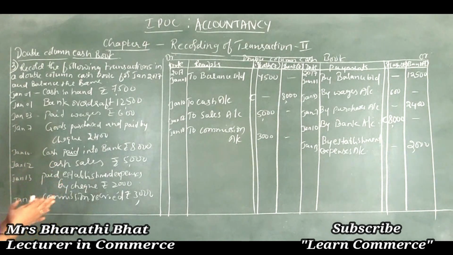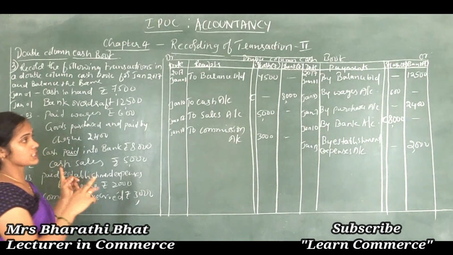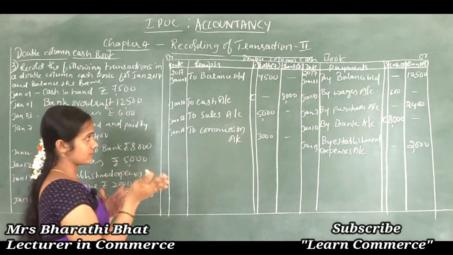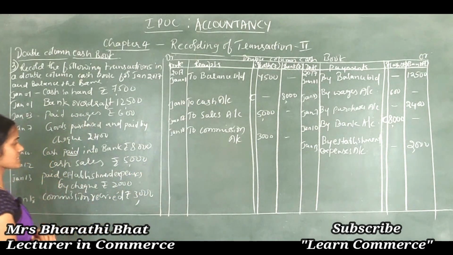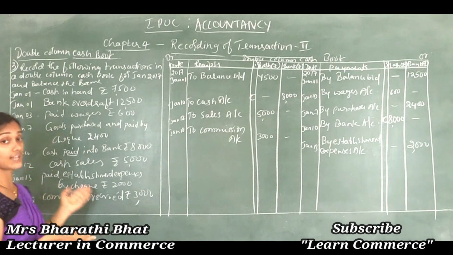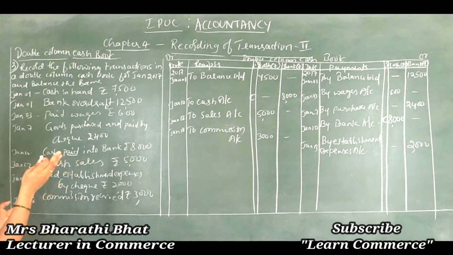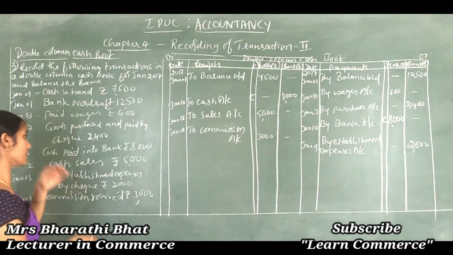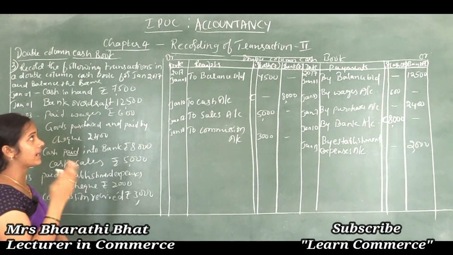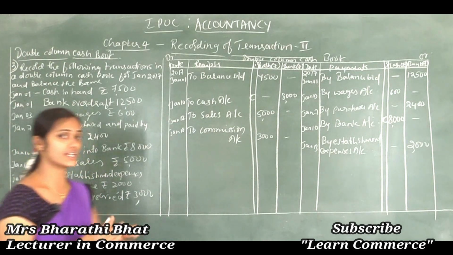And cash paid into bank, I told you it's a contra entry, so it affects both the credit side and the debit side. Cash sales, very simple, to sales. Paid establishment expenses by check, by establishment expenses, amount in bank column. Commission received, amount in cash column under the debit side.